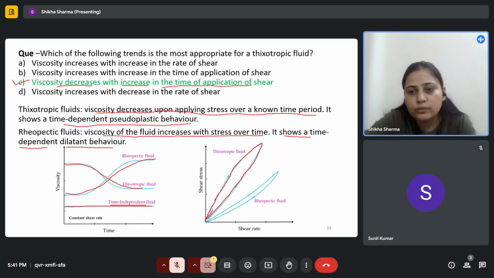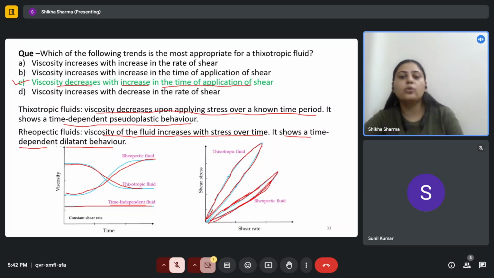But in the case of the rheopectic, its value is going to increase. We can see it comes back by this curve, which is above the line followed while going.